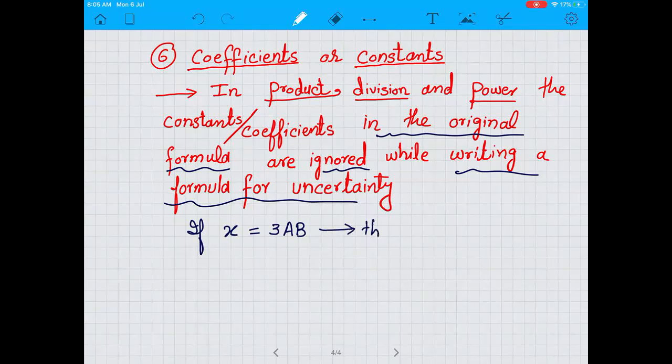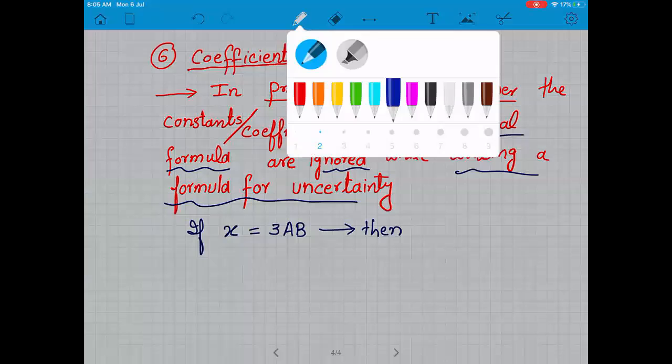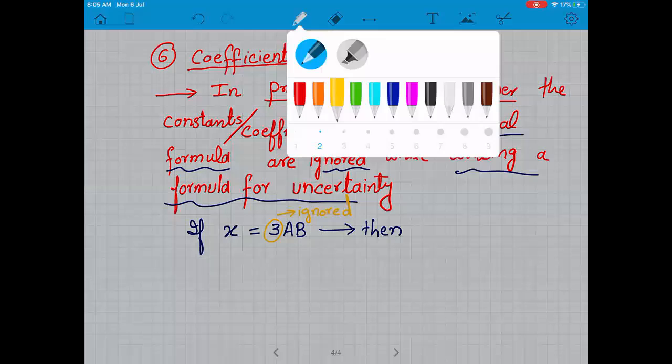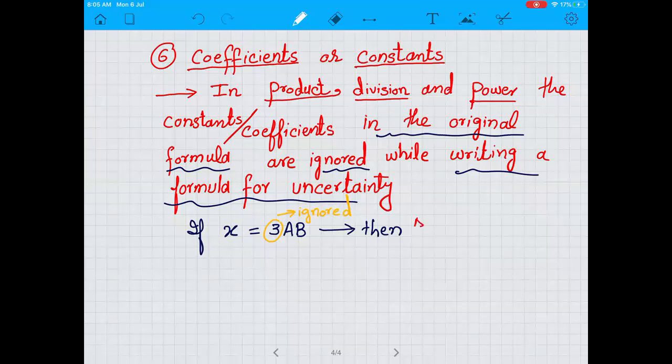Then when you write the formula for uncertainty, this 3, that is the coefficient, will be ignored, and the formula would be delta x over x is equal to delta A over A plus delta B over B. So in product, division and power, the constants that are present are ignored while writing the formula for uncertainty.